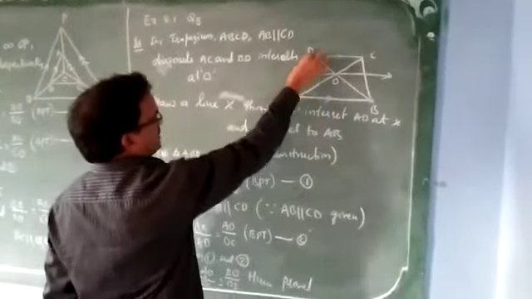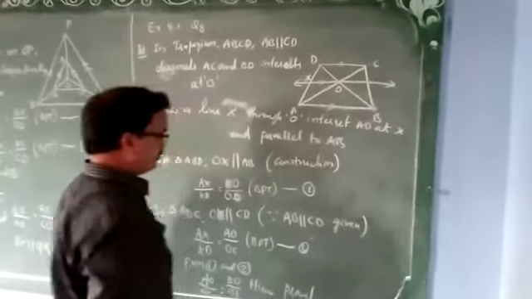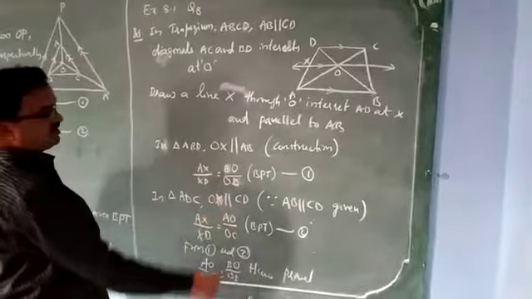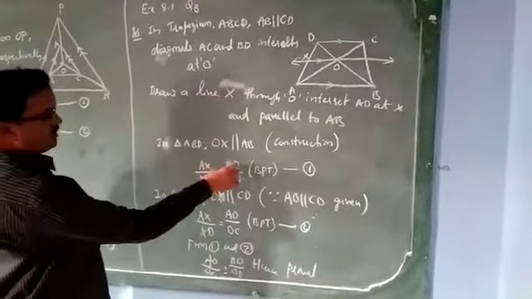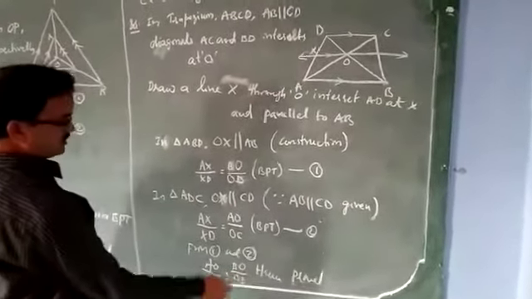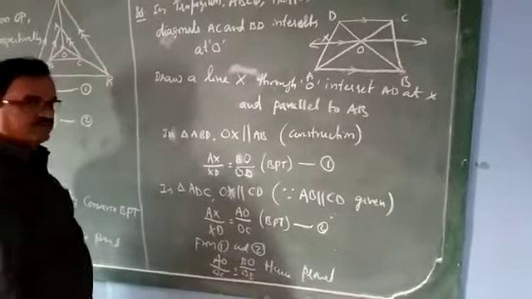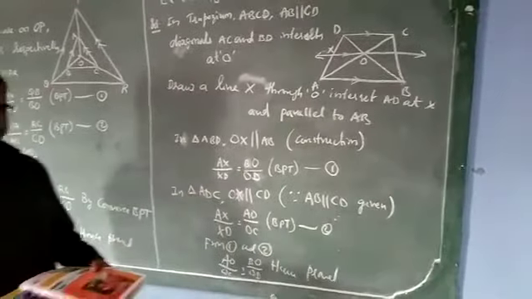So AX by XD is equal to AO by OC. From these two equations, AX by XD LHS is equal, so BO by OD is equal to AO by OC. It is what you have to prove. Hence proved. You have finished exercise 8.1. Thank you.